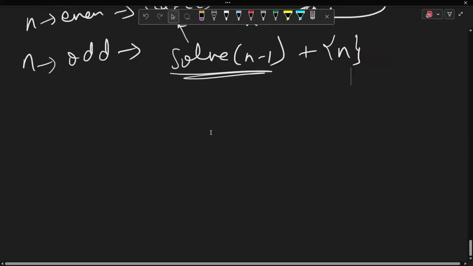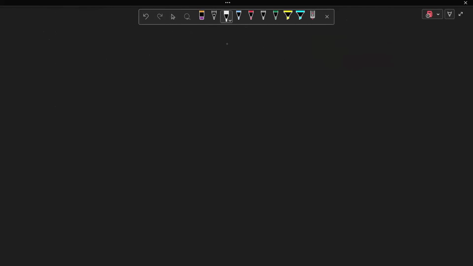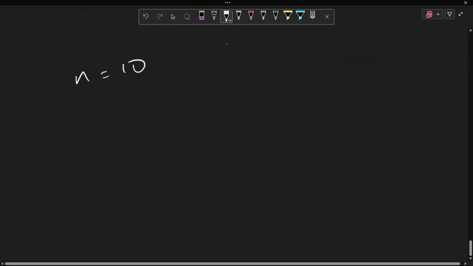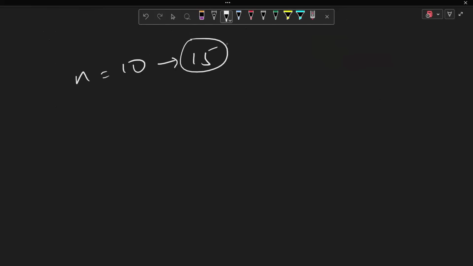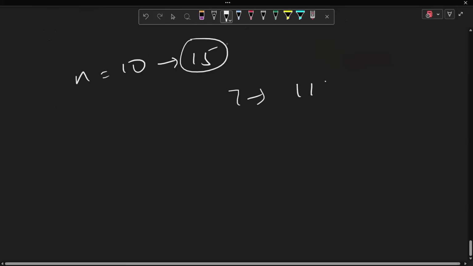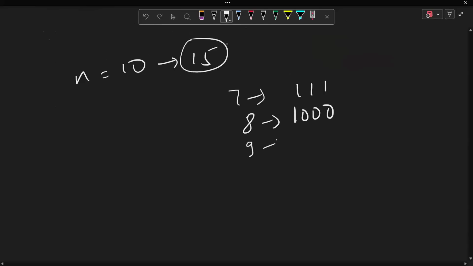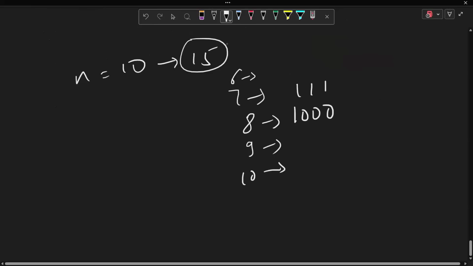Let's try to make it for any n, let's say n is 10. What you need to get is 15 as your final answer with all the bits set. So how can you get that till 10? If you look, 7 is 111, then 8 is 1000, and then 9, 10 are some other numbers.